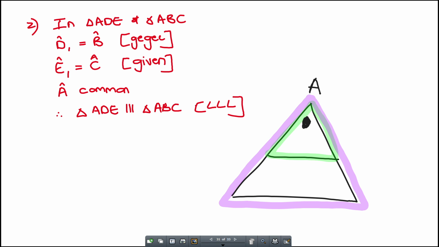It's part of the small one and it's part of the big one. So therefore A is a common angle. Okay. But as I said just now, technically you didn't have to give this part. You didn't even need it, because if I've got two angles that are exactly the same, the third one would automatically be the same because of angles of a triangle.